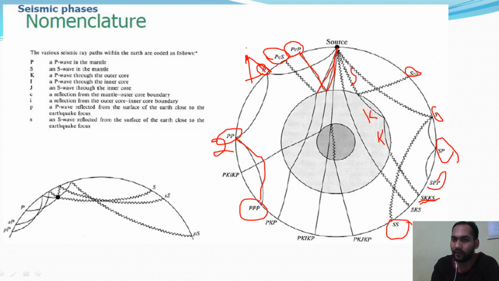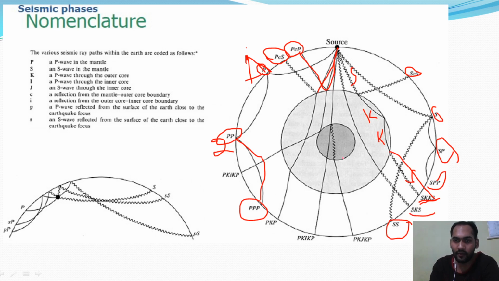It is reflected from the boundary and traveled as P. So S, K, K, and again it becomes S. So S, K, K, S, or else if it will come out as P wave, then it will be S, K, K, P.